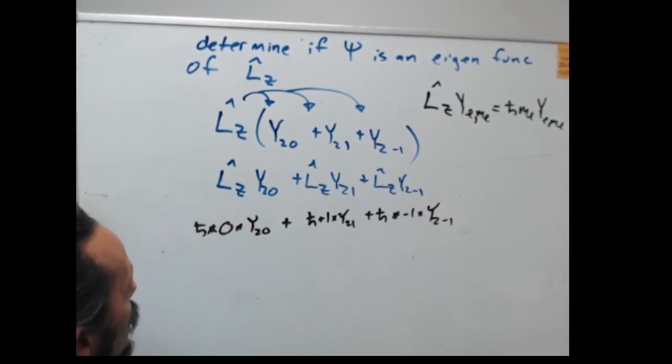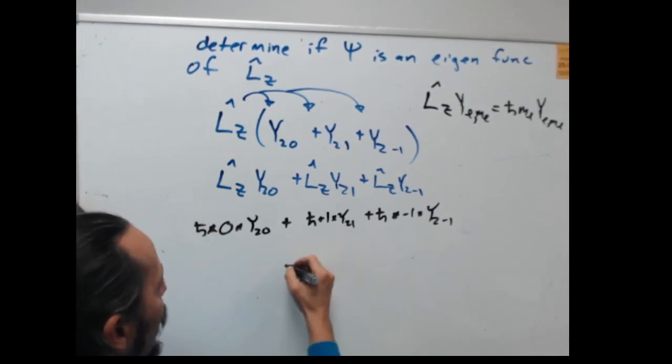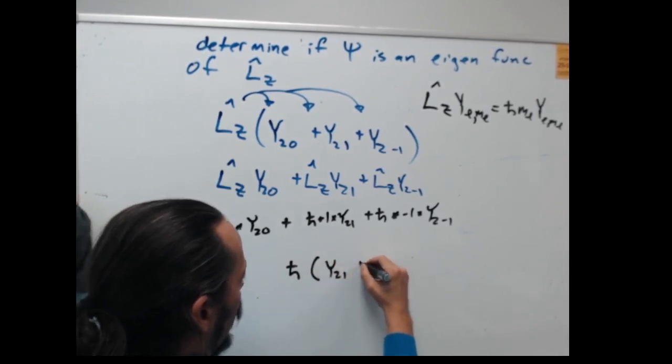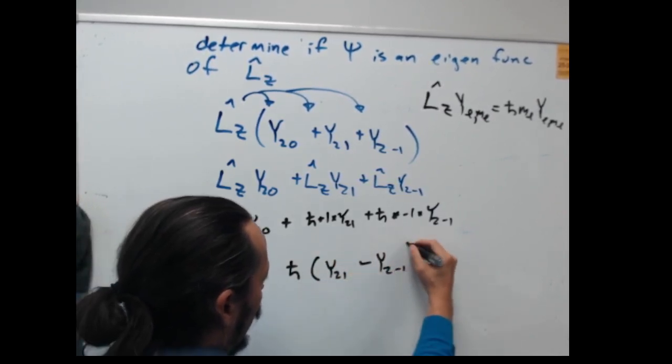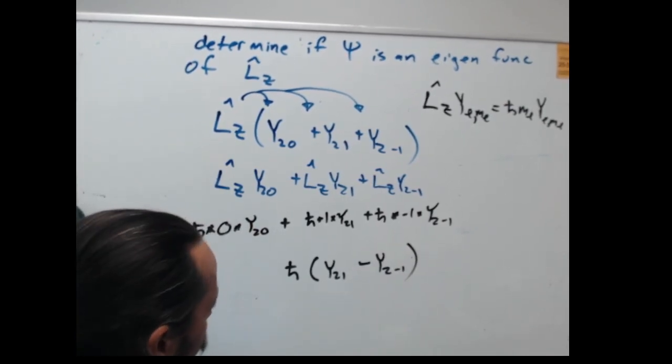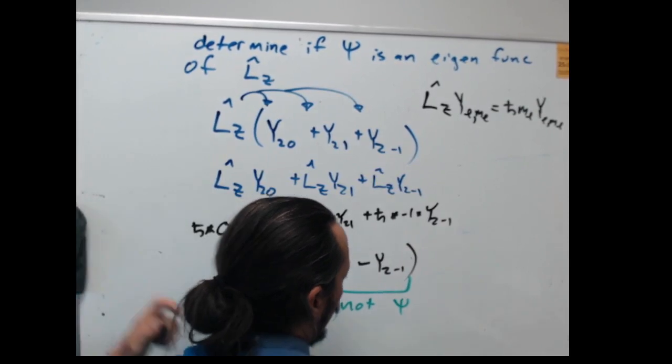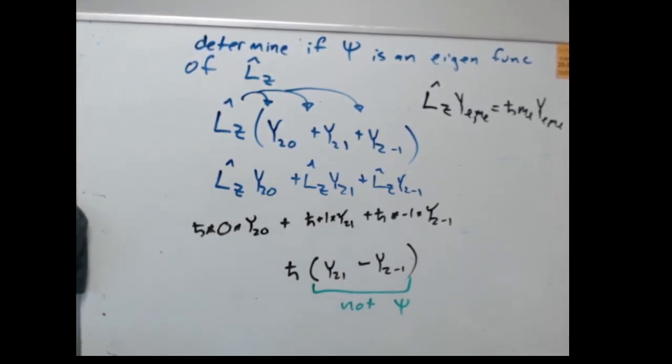So right away, I can see that I'm going to get h bar times y21 minus y2 minus 1. I don't get my same function back.